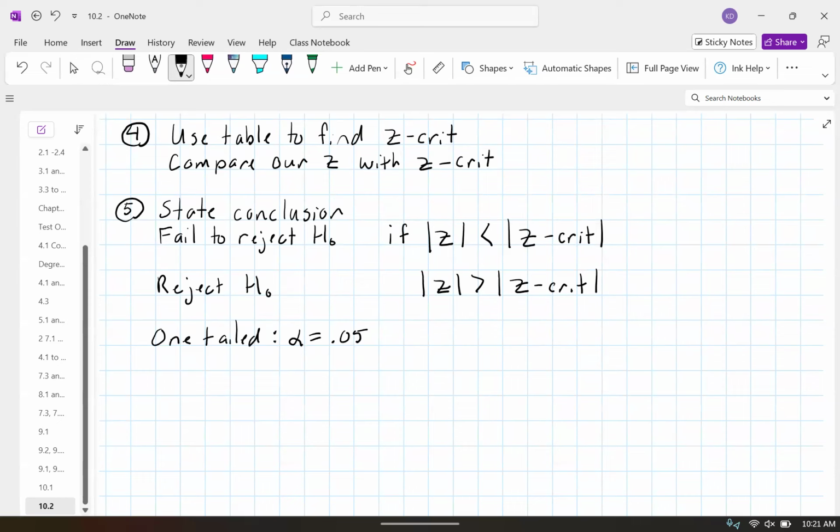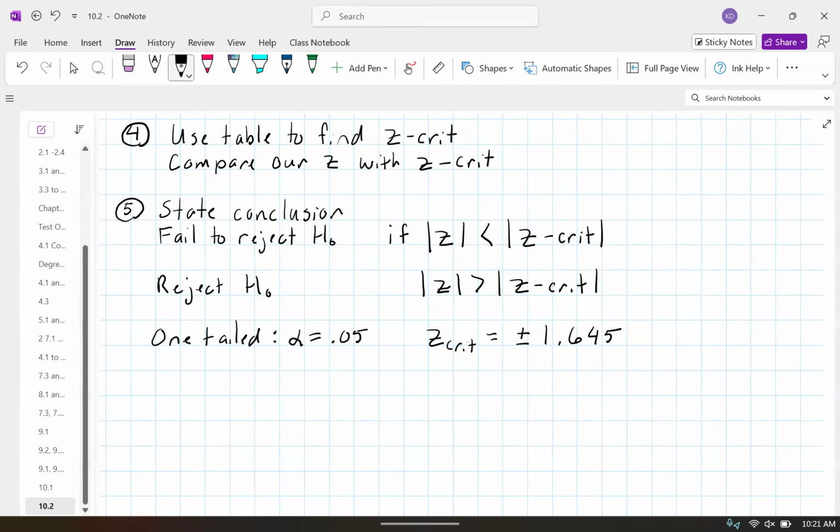I said I would give you your common crit values, and I am. If we have a one-tailed test where we say ours is bigger or smaller, at our 0.05 level, our Z-crit is either going to be positive or negative 1.645. So that's, for a one-tailed test, what we're probably going to use.